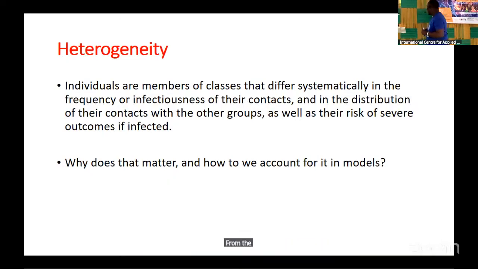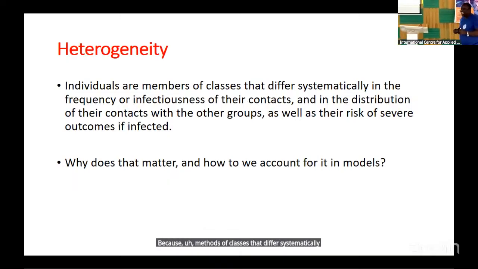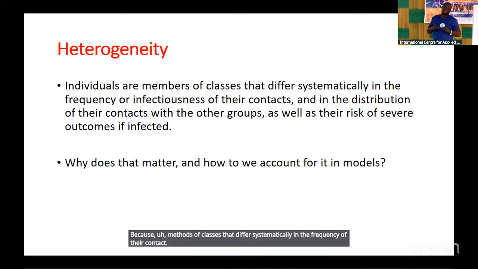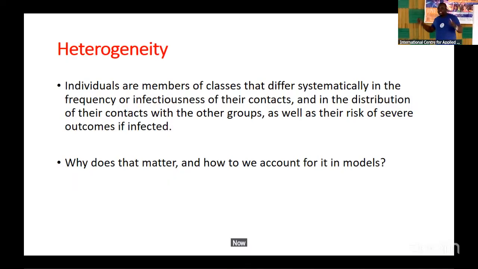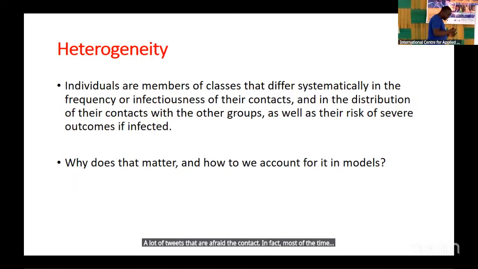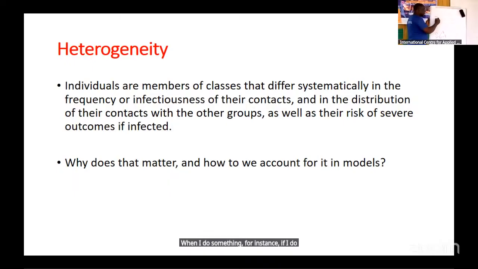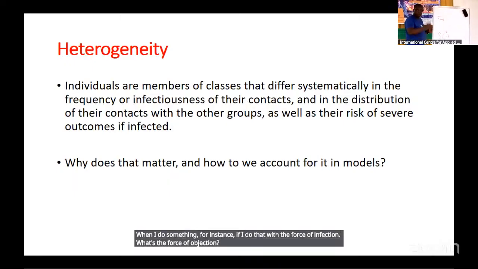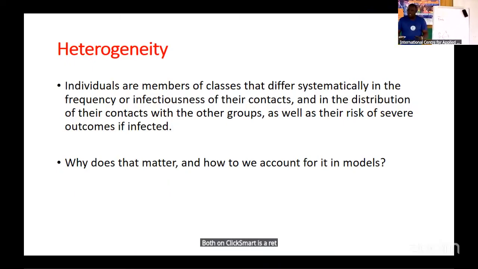The contacts happen, and individuals are members of classes that differ systematically in the frequency of their contacts. Their contacts can change; a lot of things can affect the contact. Take, for instance, the force of infection. What is the force of infection? It is the rate of acquisition of an infection.